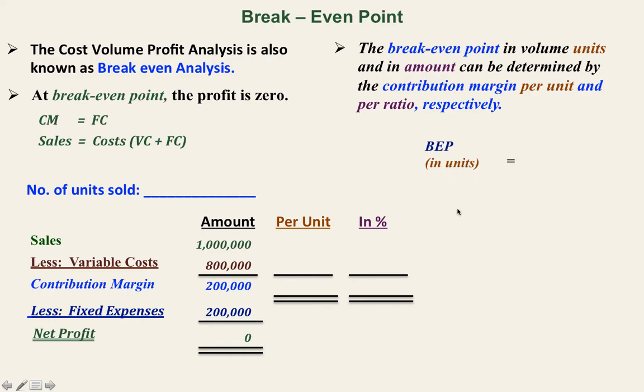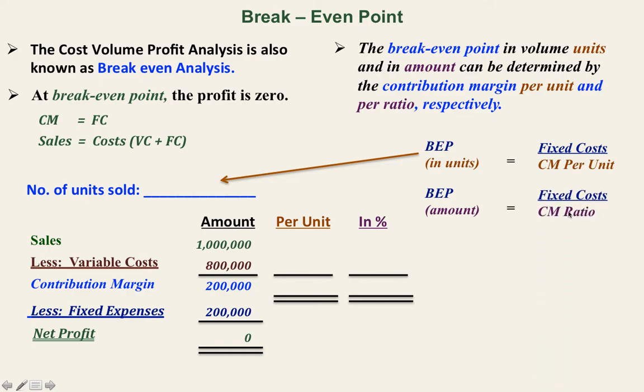This is our formula. Break-even point in units will be fixed cost over contribution margin per unit. Here, we will be able to get the number of units sold. And if we are going to get break-even point in amount, it will be fixed costs over contribution margin ratio. With this, we will be able to get this 1 million.